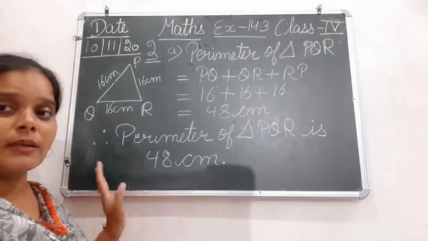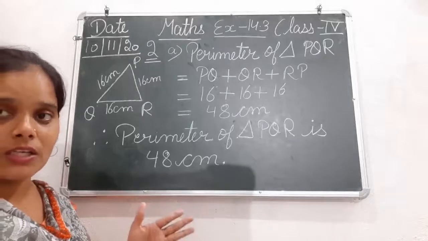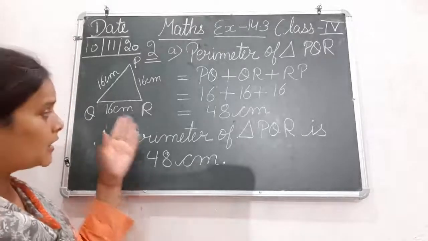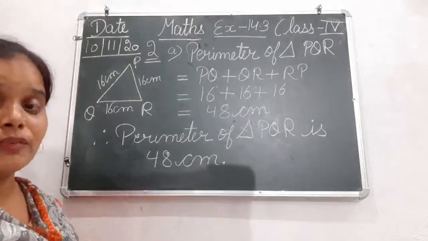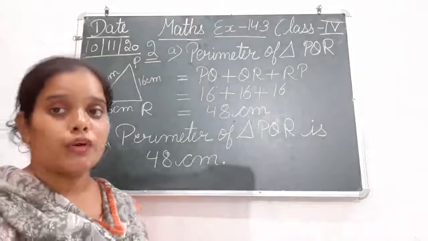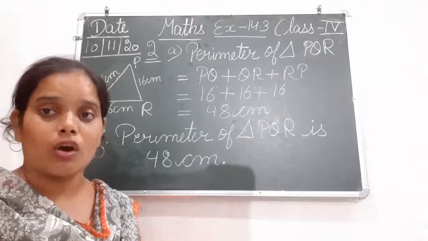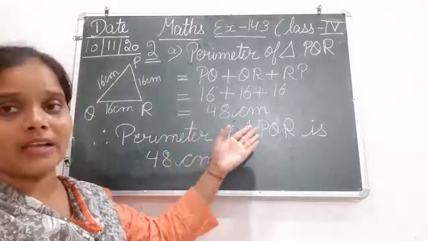So in the question, the shape of the figure is given, that is triangle, and the measurements of all the three sides of the triangle was also given, that was 16 from the three sides only. Now the question was that we have to find the perimeter. So for finding the perimeter of any figure, we have to add the length of all the sides of that particular figure. Okay, so that is what we have done here also.